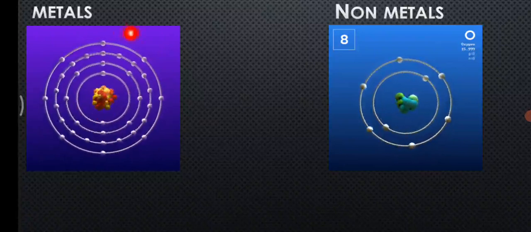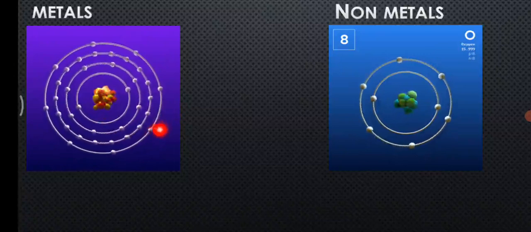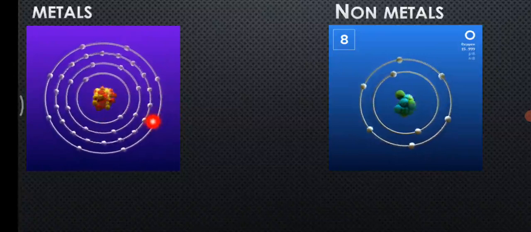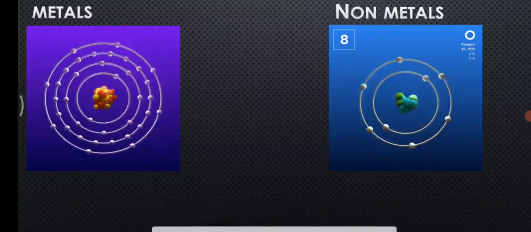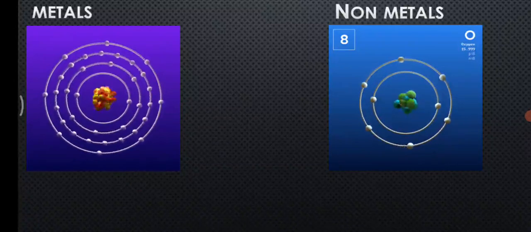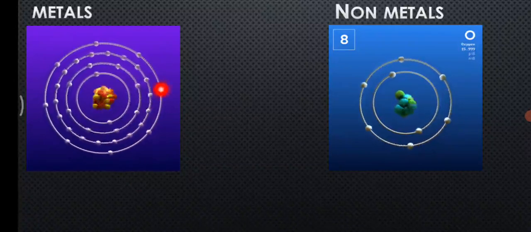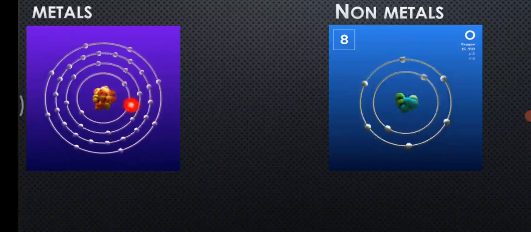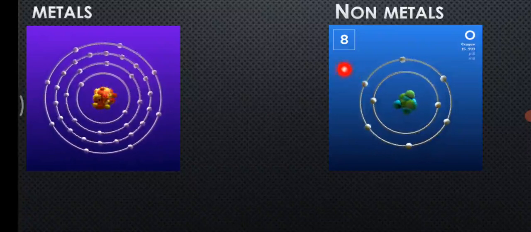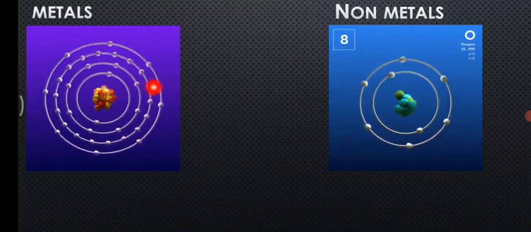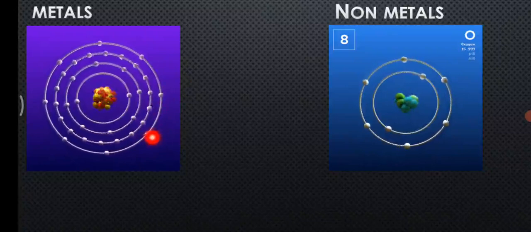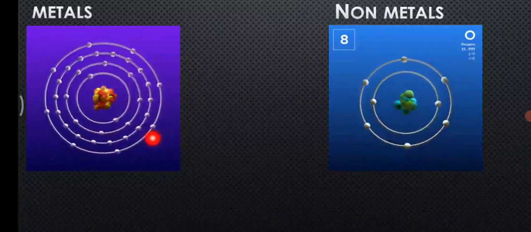The electrons which are in the outermost orbit may come out of the orbit. Why? Because the force of attraction might be very low as compared to the non-metals. Here we are going to get one extra electron which may come out of that orbit, that is called a free electron.